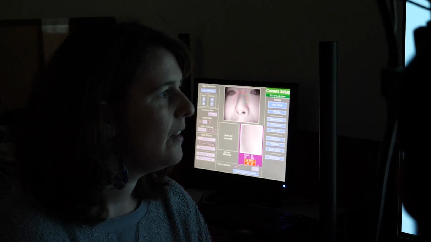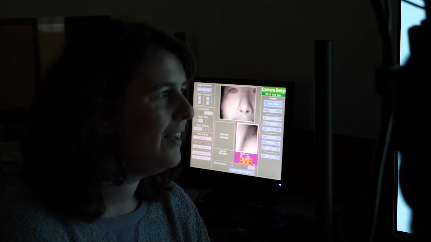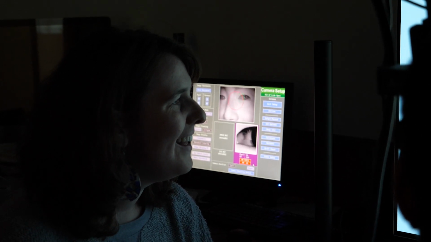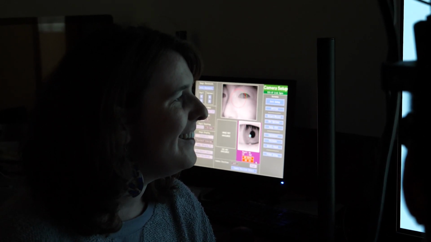So in our lab, we have a model that processes the images in a peripheral processing way similar to that of the human visual system, and it allows us to produce images that are a little bit different than the original image. So we can take an image, we put it through our processing system, and then we get an image that's been altered in a way that represents the same statistics that the human would have seen.